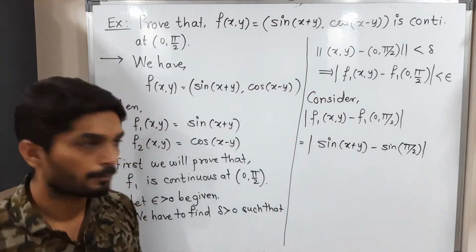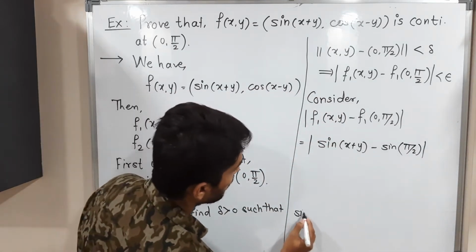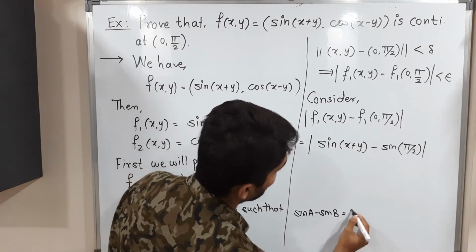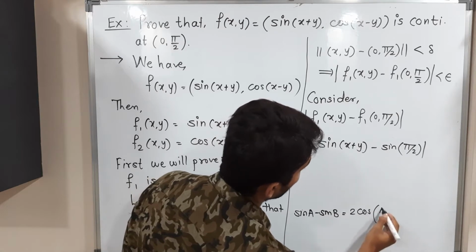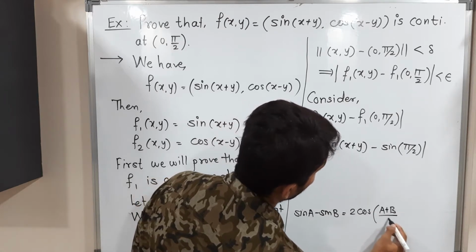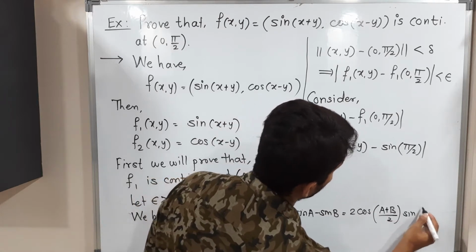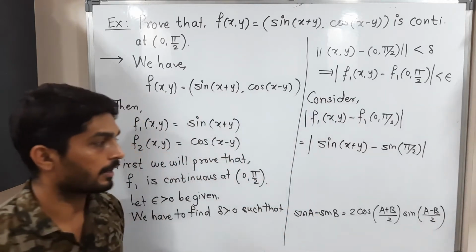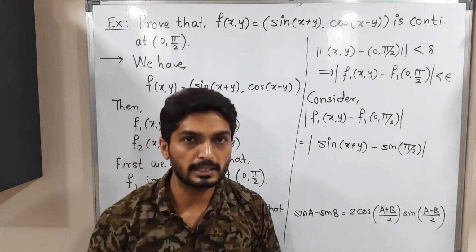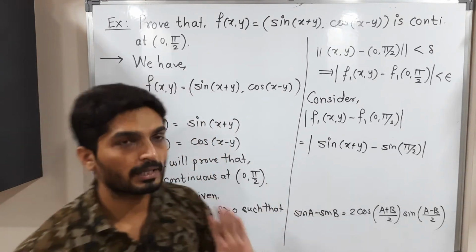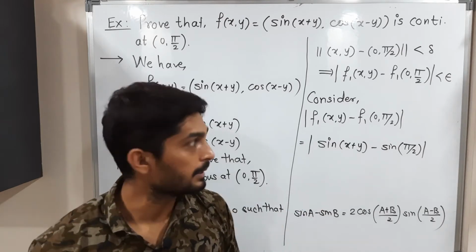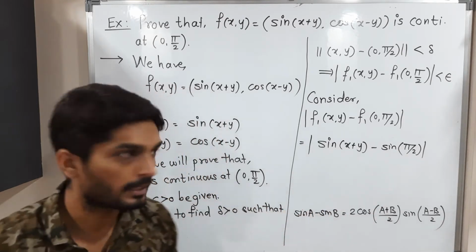Okay, you know the formula for sin A minus sin B. It is 2 cos((A+B)/2) sin((A-B)/2). So let us apply this formula here. What is our A? A is x+y. And what is our B? B is pi/2.